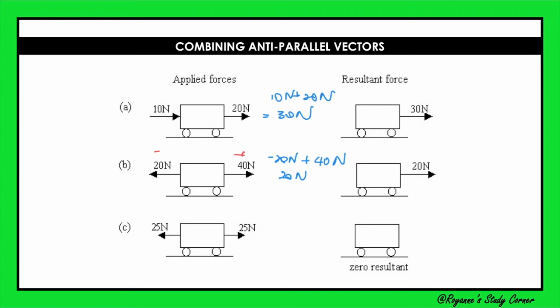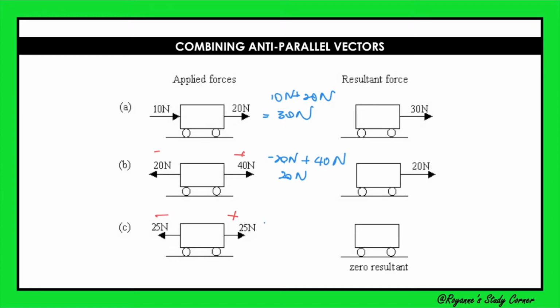Now finally, for part C, we have 25 newtons acting to the left and 25 newtons acting to the right. So let's use the same guiding principles that we just used. We go with right as positive and left as negative. We're going to add, as usual, we're adding everything.